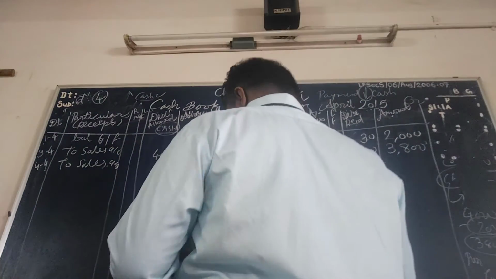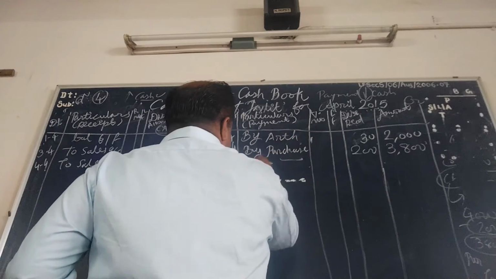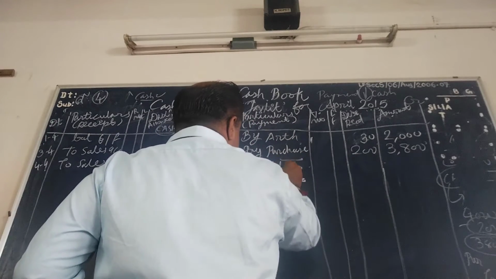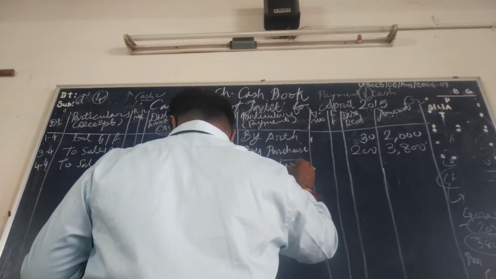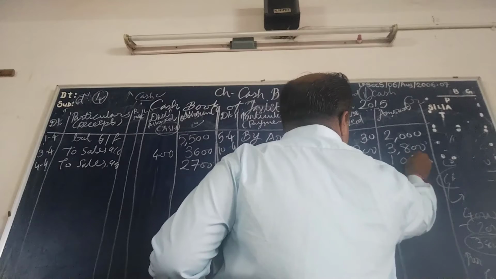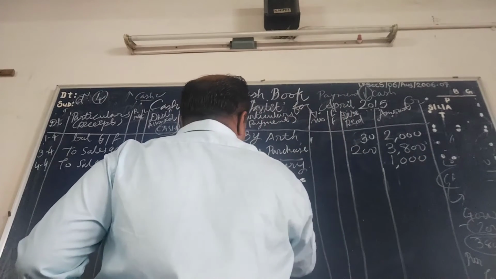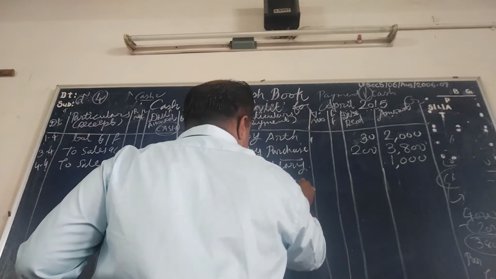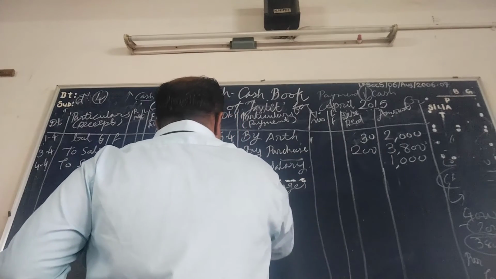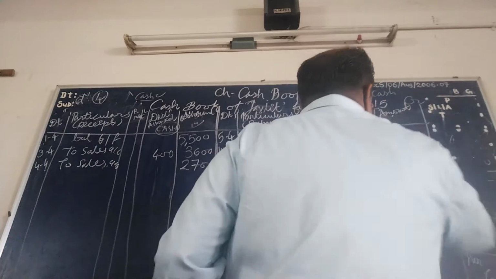So here we write 13th of April, by salary 1000, by wages, it is again on 30th April, wages of rupees 600.